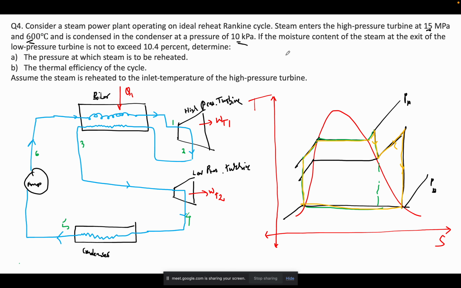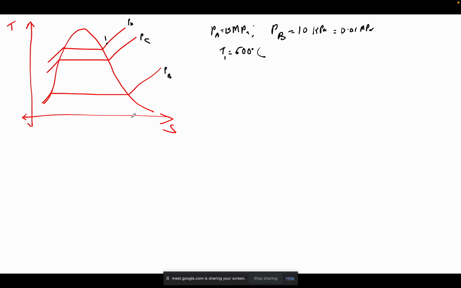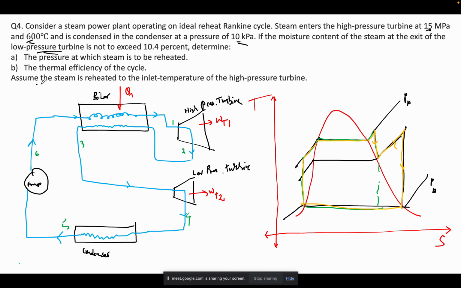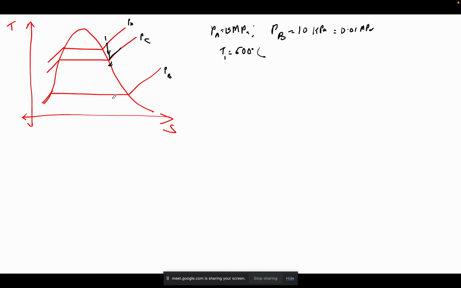What else do I know? If the moisture content of the steam at the exit of the low pressure turbine, which is my low pressure turbine, and that is the point 4. It will go from point 1 to 2 here, and then it will undergo some reheat process. Up to what temperature will it be reheated? Assume that the steam is reheated to the inlet temperature of the high pressure turbine. So these two temperature values will be the same.